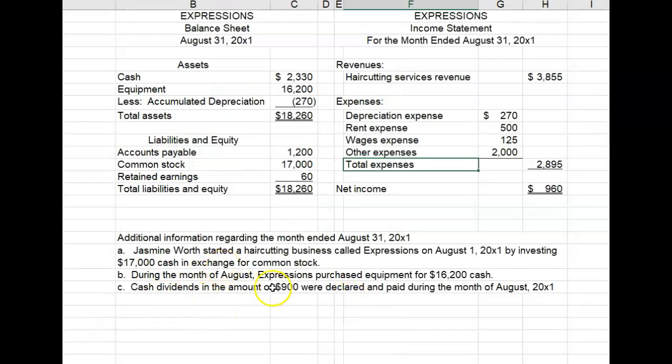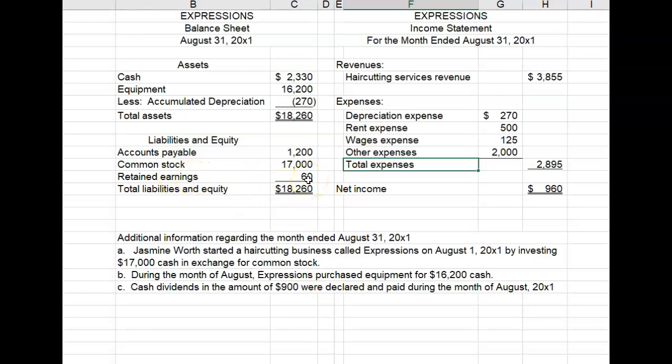First of all, I've given you the amount of dividends that were declared and paid. So we know that cash paid for dividends was $900 because I made it easy on you. The homework is not so easy. So let's take a look at how you could calculate that cash paid for dividends was $900.